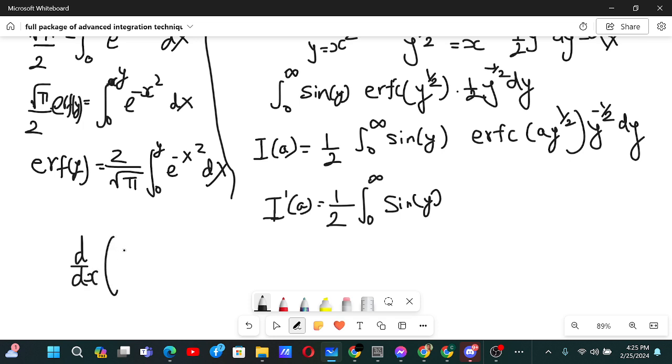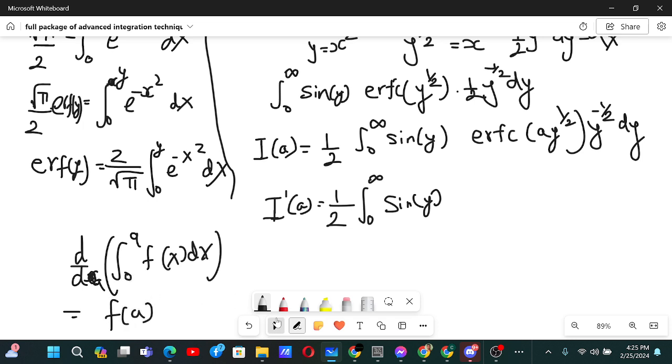If you are differentiating, let's say, the integral from 0 to a of f of x dx with respect to a, then this will just be f of a.